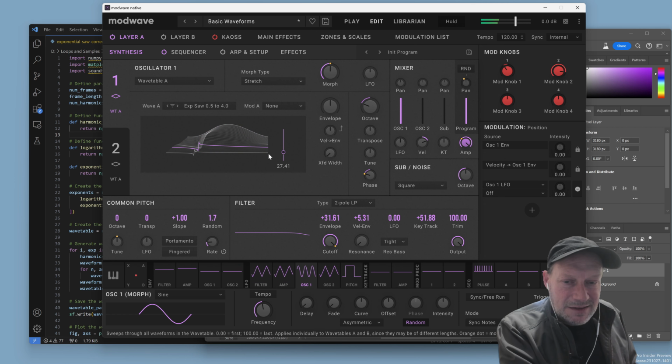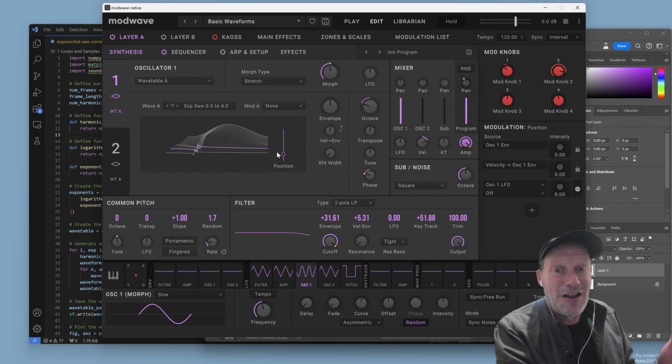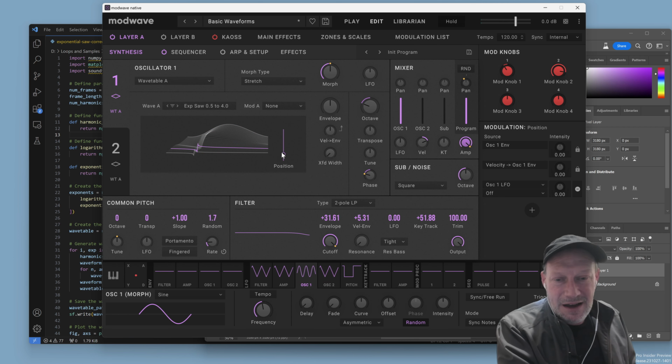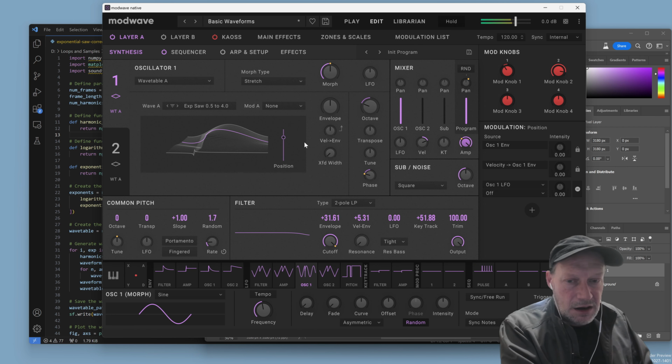So this is the answer to, well, what's the waveform that has all harmonics where they fall off at a 1 over n squared relationship? That's out here. So it just sounds like a filtered sawtooth wave. And we could sweep this to hear what it sounds like.